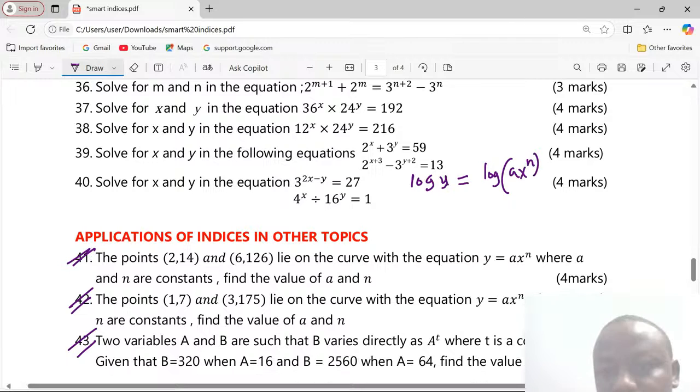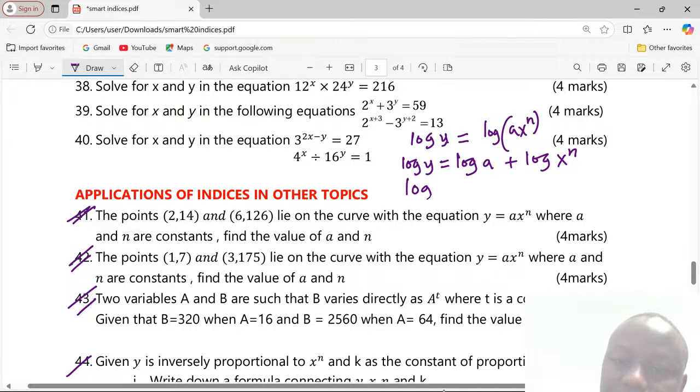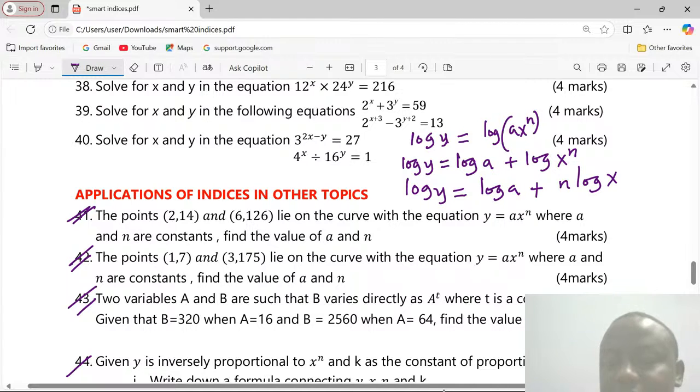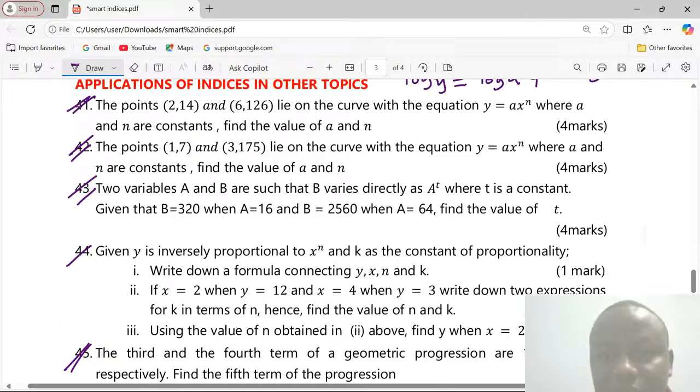And according to the laws of logarithms, we know that the right hand side can be split into the log of a plus the log of x power n, which further can be brought down to the log of y equals to the log of a plus n, the logarithm of x. With this equation now, and we have two coordinates, then we can substitute.